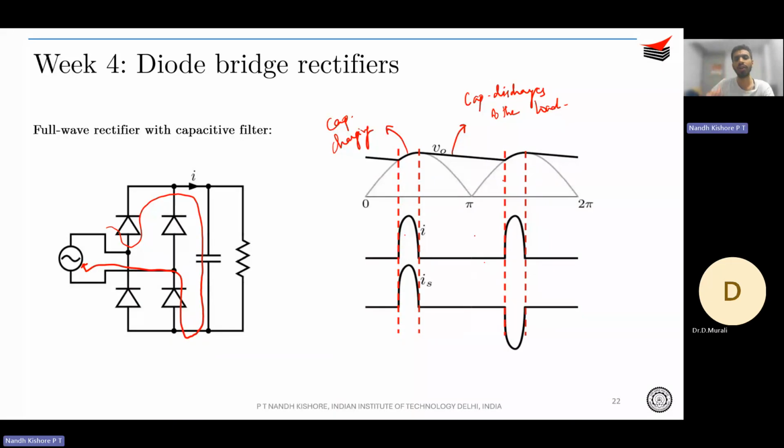During the discharging interval, it will slowly discharge to the load according to the load requirement. If your capacitor value is lesser and lesser, you will see more and more fluctuation. It may be even something like this.